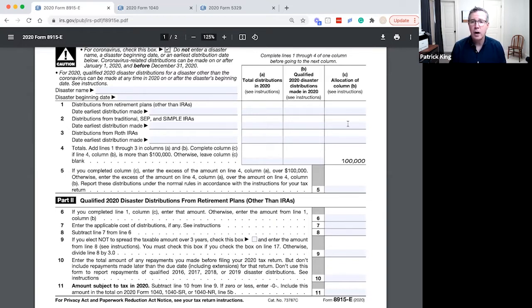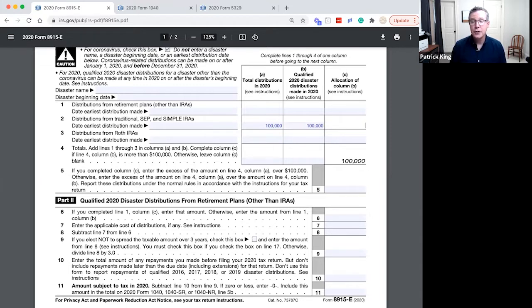Allocations of column B. So if you took multiple withdrawals from multiple sources, you need to allocate your $100,000 across those withdrawals. But in our case, we're just going to say, I took $100,000 from an IRA last year, $100,000 qualified.